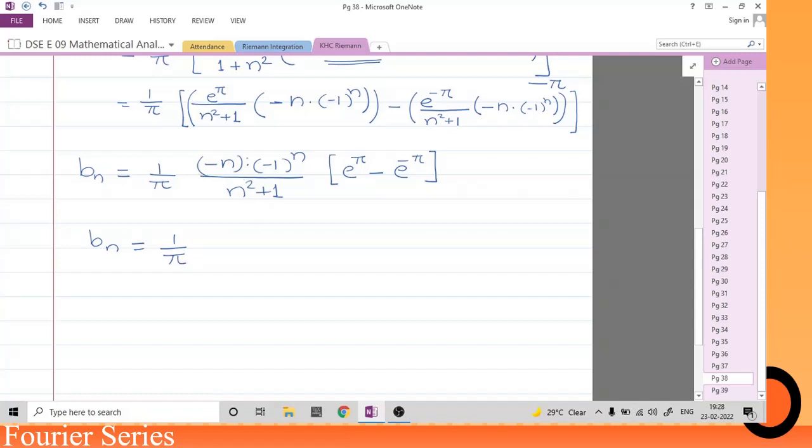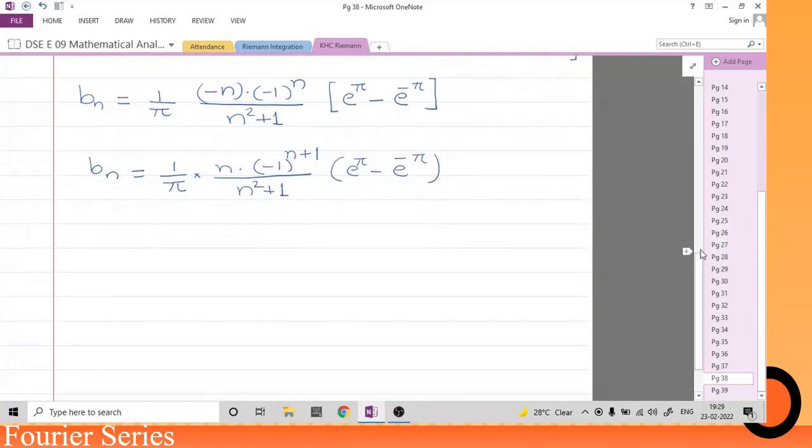If you want to keep this as an answer, we will just do a small change. This minus sign means 1 minus 1. This minus 1 and this minus 1 raised to n, you can write like this, minus 1 into minus 1 raised to n. The base is the same, so obviously the sum of indices is n plus 1, upon n square plus 1 as it is, and again this time I will keep e raised to pi minus e raised to minus pi as it is. This is one way to write your answer.